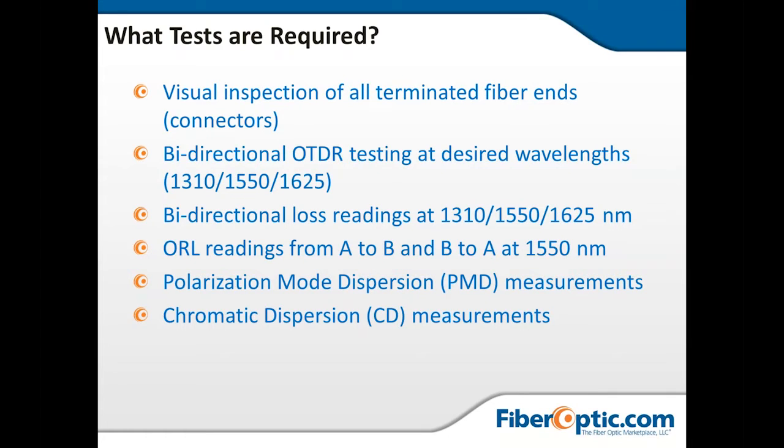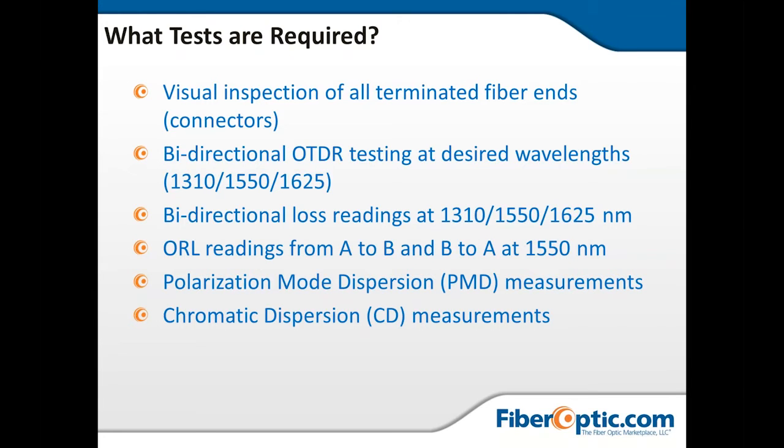We're also going to look at optical return loss, both A to B and B to A, and we're going to look at this typically at 1550 because that's in the C band where we're operating most of our dense wavelength division multiplexing, or DWDM.